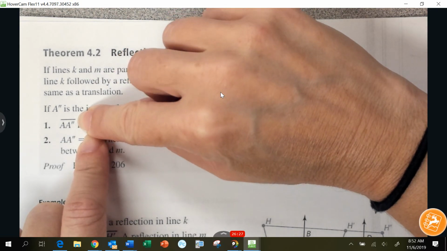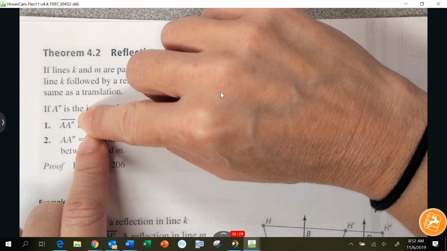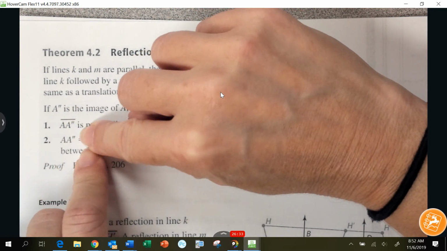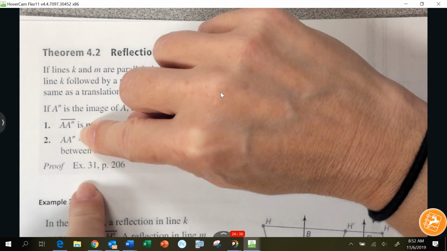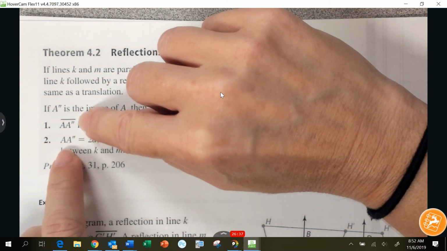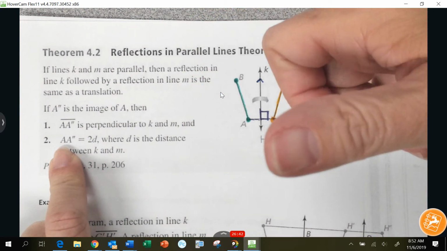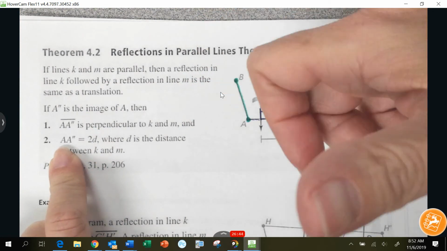We need to review this. Anytime we're talking about the segment, there's a little line above it. If we're talking about the distance, the length, there's no line above it. So it's the exact same location, the exact same thing we're talking about, except one is the figure and one is how long it is.